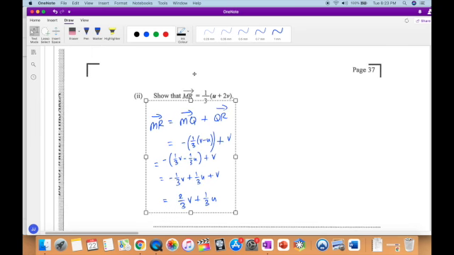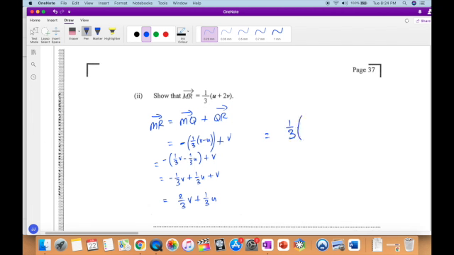So we can see here how we found MR is MQ plus QR. MQ is a negative in front of the QM, plus V. When we worked it out, we got 2/3 V plus 1/3 U. We could see that we have 1/3 in common, so we could pull the 1/3 out.